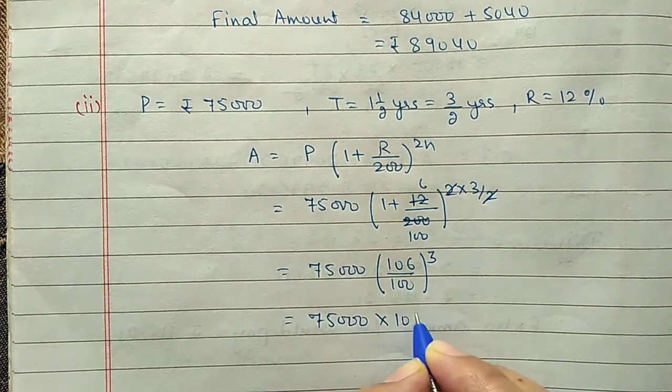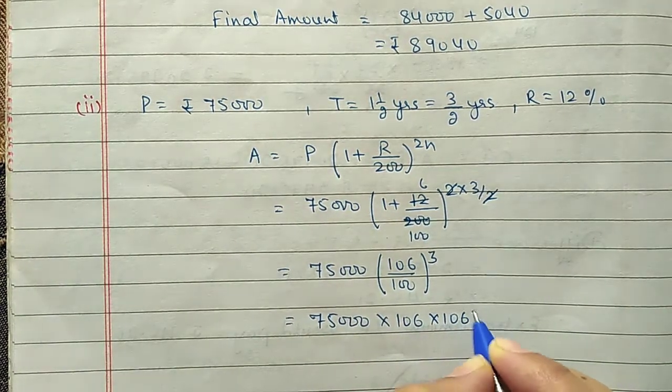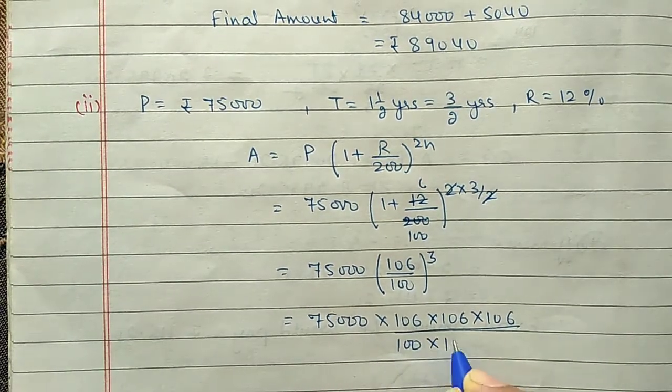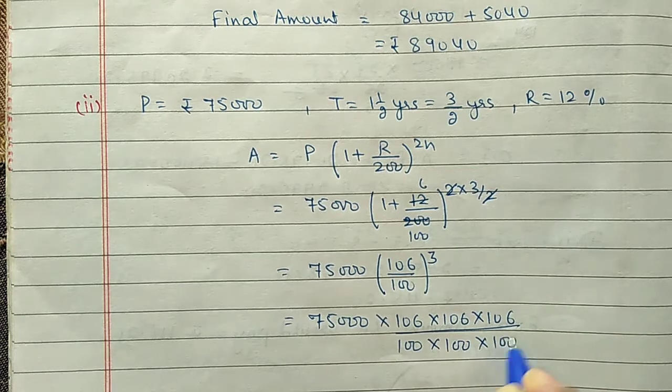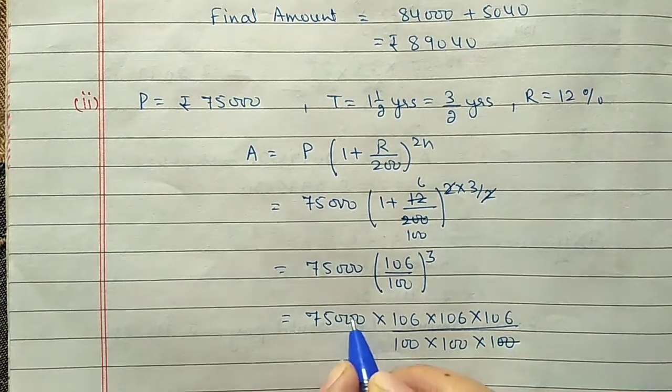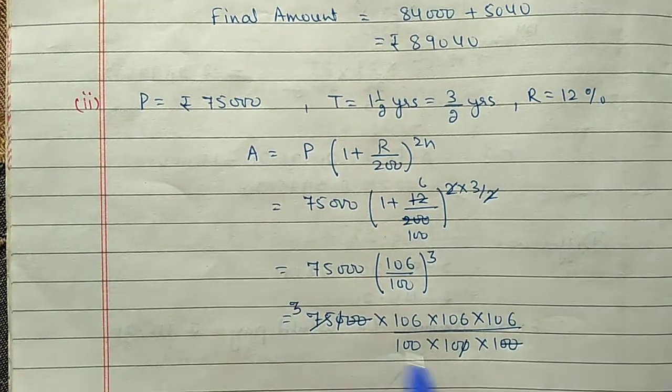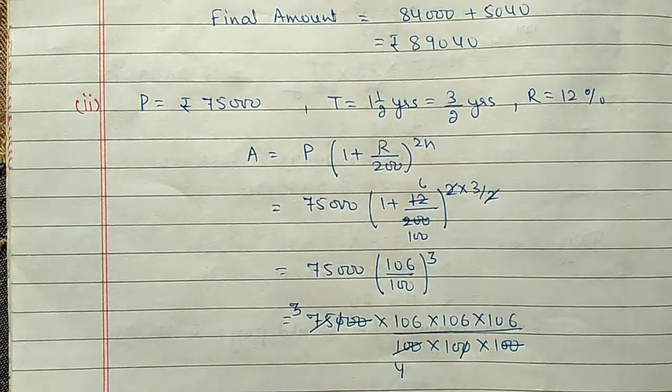75,000 into 106 into 106 into 106 divided by 100 into 100 into 100. So 3 zeros we can cancel here, and then 25 times 3 is 75, 25 times 4 is 100, we can cancel.